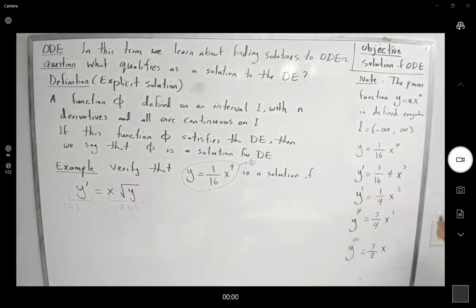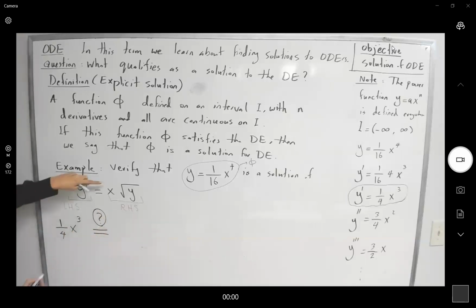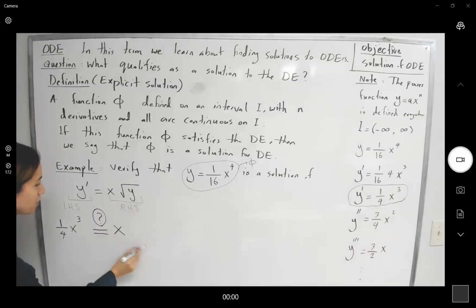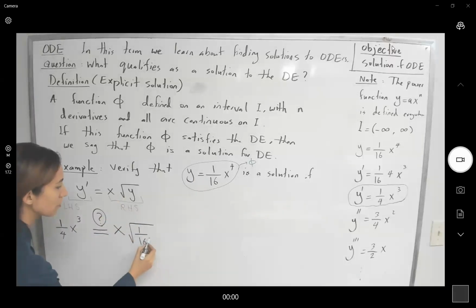The derivative is 1/4 x cubed. Plug that in on the left-hand side. 1/4 x cubed. Is this equal to x times square root of y? So x is x. Square root is square root. Y is 1/16 x to the 4th.